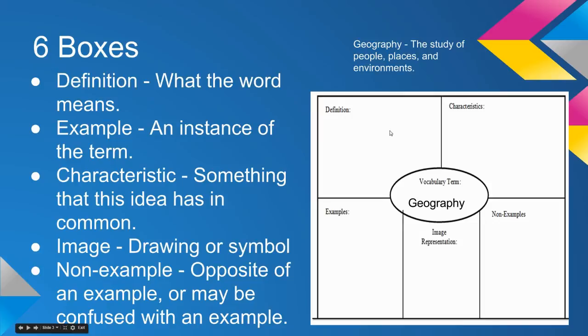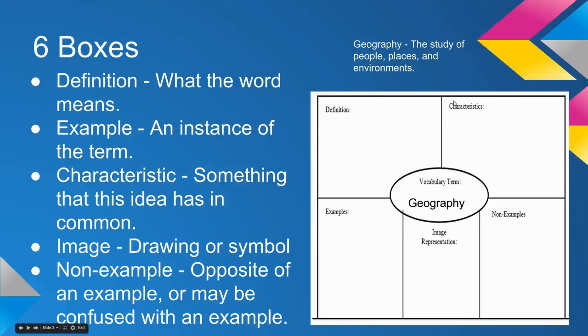And then the next box, on the upper left, we're going to write the definition of that vocabulary word. And again, you guys don't have to fill these boxes in a particular order, but I'm just going to go in a certain order here. So then our examples, you'll have to include an example of the vocabulary term in the middle next.